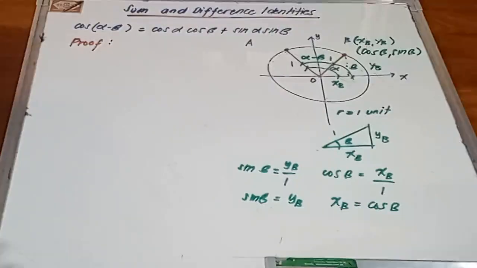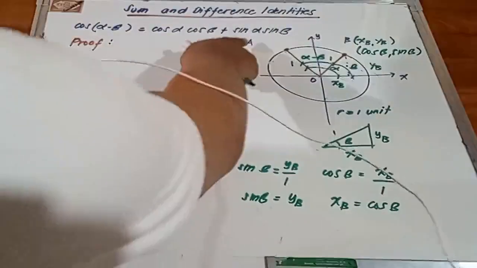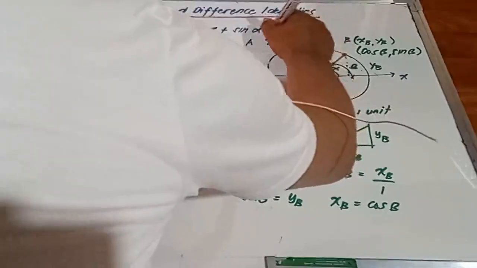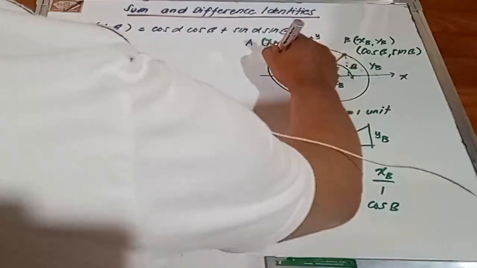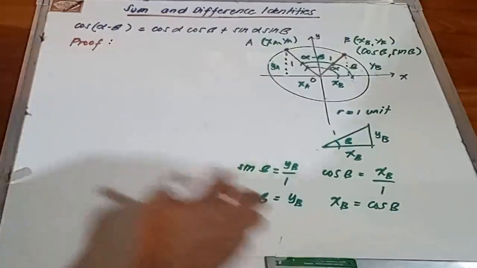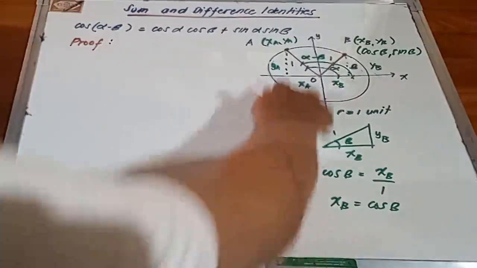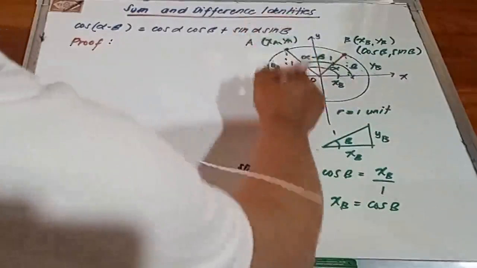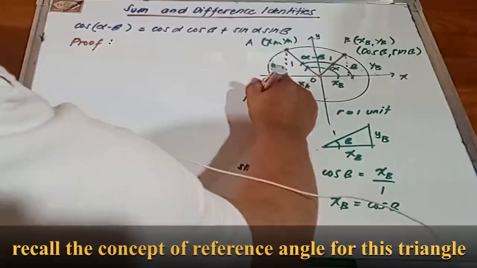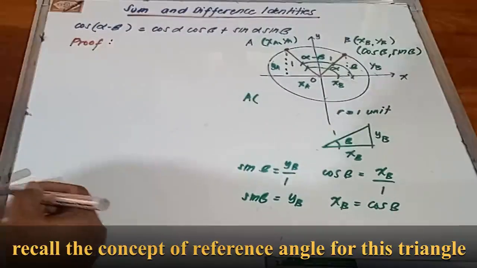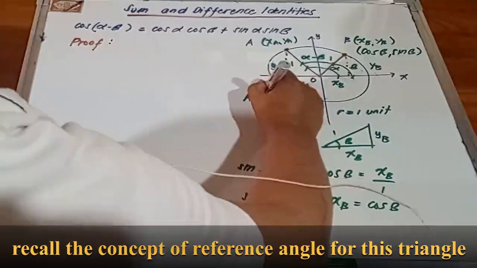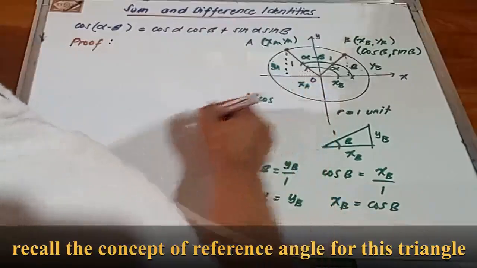And then, kunin naman natin yung coordinates ni point A. So, ang coordinates niya will be x sub A, y sub A. So, if this is your x sub A, this is your y sub A, pwede natin i-rewrite into sine and cosine functions using this right triangle. So, therefore, pag ginamit natin yon, coordinates ni point A can be cosine A. Okay?